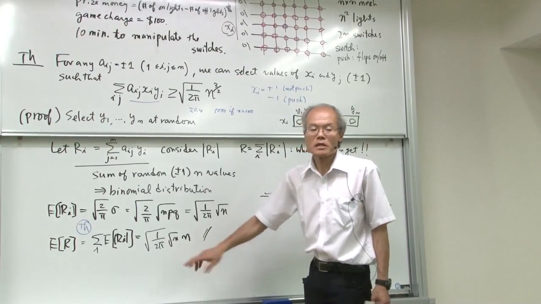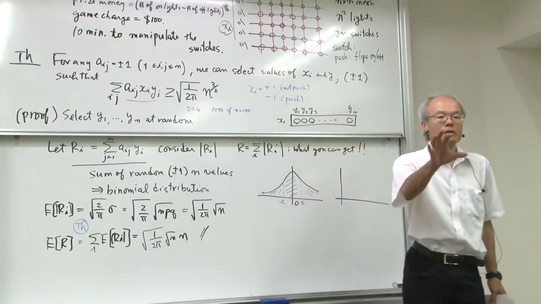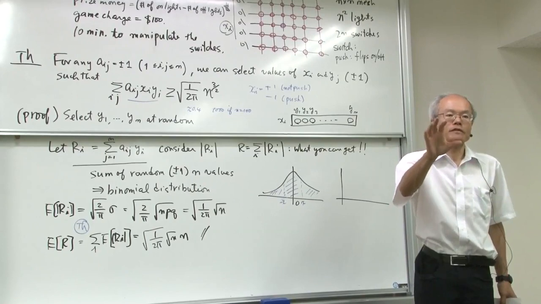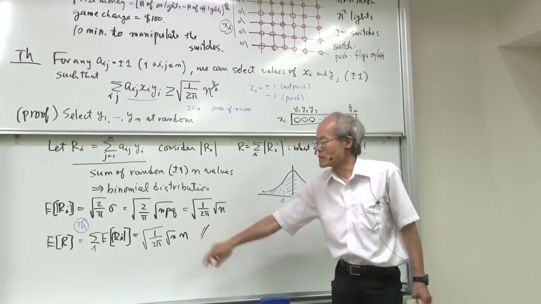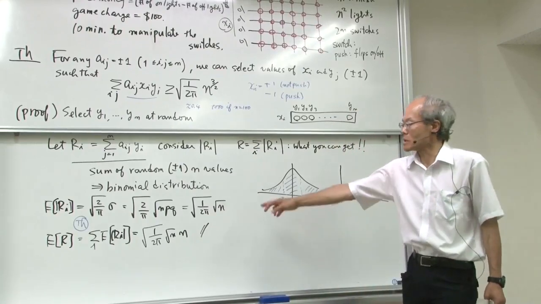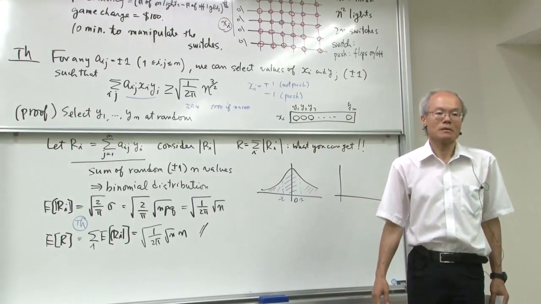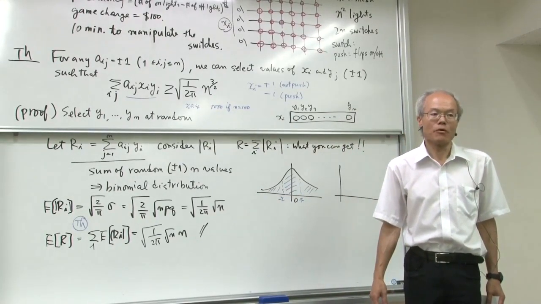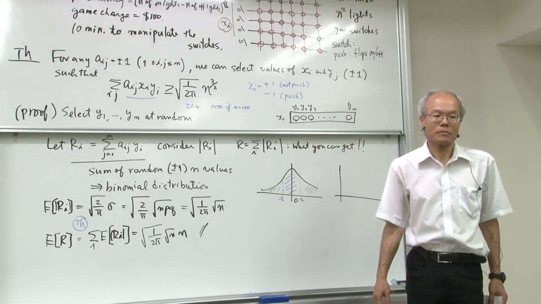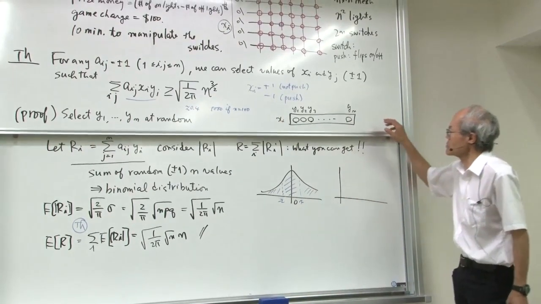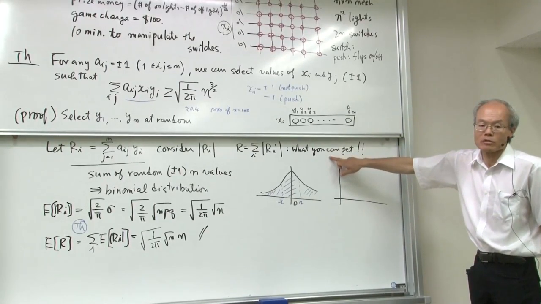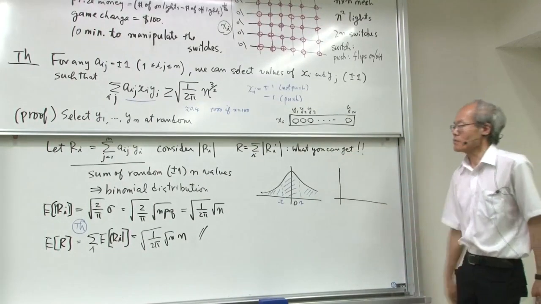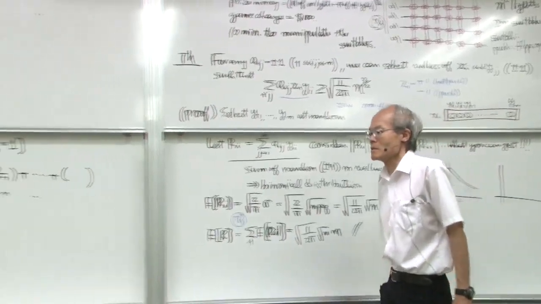That means there must be a way of selecting xi and yi to achieve this value, because this is the expected value. This is a simple argument. And as I told you, this is exactly what you can get. Okay, we are done.